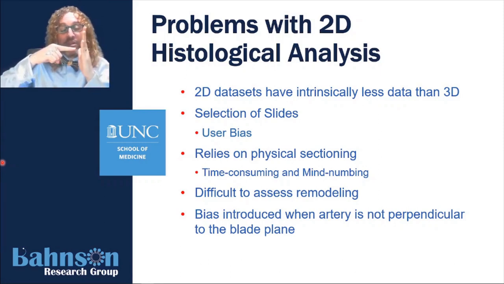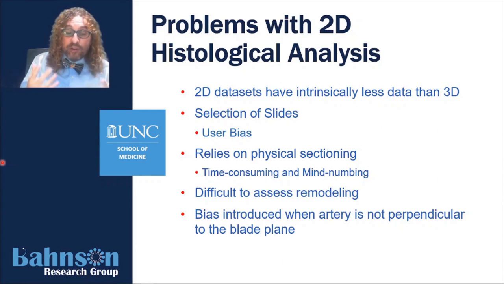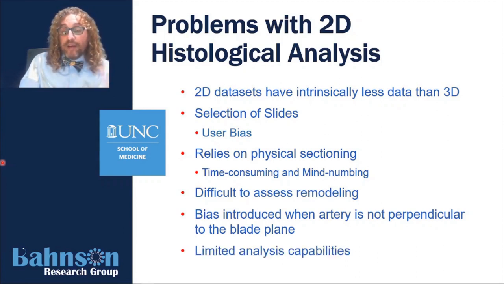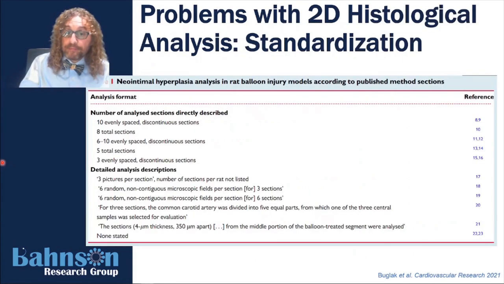If you deviate from that angle and cut at an angle compared to the plane of the artery, then the perimeter and the radii are going to be artifactually modified without there necessarily being a change in vascular remodeling. And finally, I think that we can analyze more parameters in 3D that might lead to scientific discovery potentially.